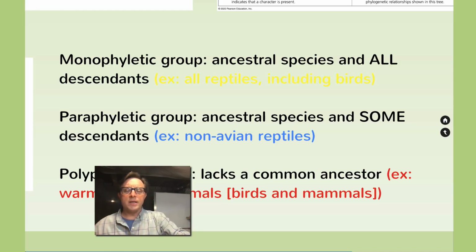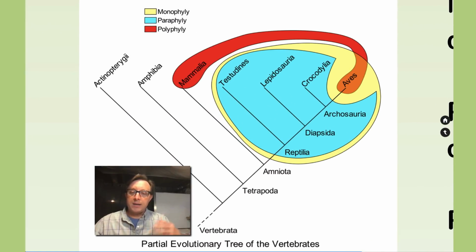Let's look at some examples of a valid grouping and some groupings that don't really hold evolutionary value.